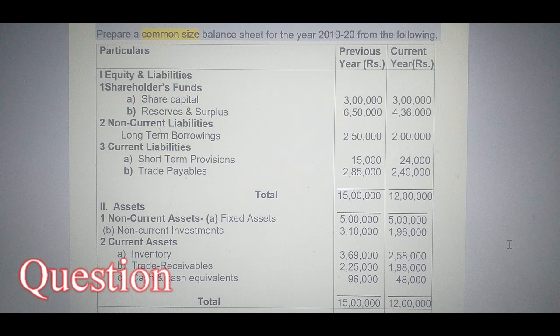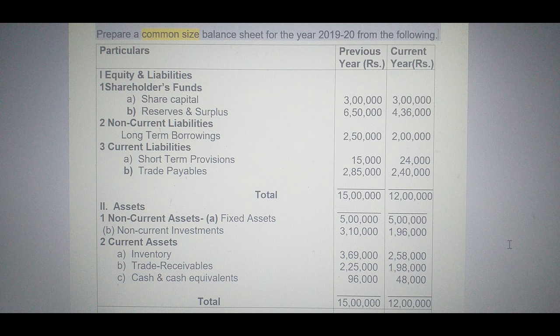Let's understand the question. Prepare a common size balance sheet for the year 2019-20 from the following particulars: previous year, current year, equity and liabilities. Shareholders funds: A. Share capital 3 lakh for previous year, 3 lakh for current year. B. Reserves and surplus 6 lakh 50,000 for previous year, 4 lakh 36,000 for current year.